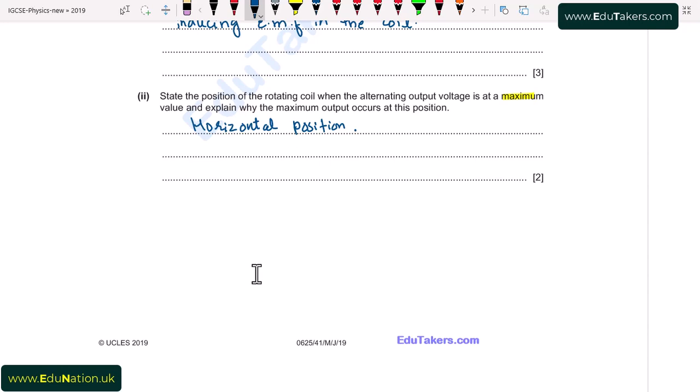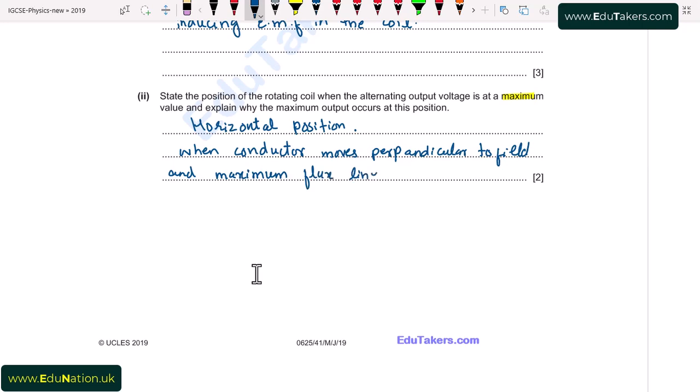When the conductor moves perpendicular to the field, and maximum flux lines are cutting per second. It means that flux is larger, due to which there will be the induced EMF.